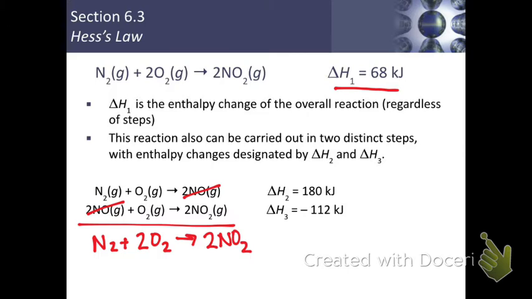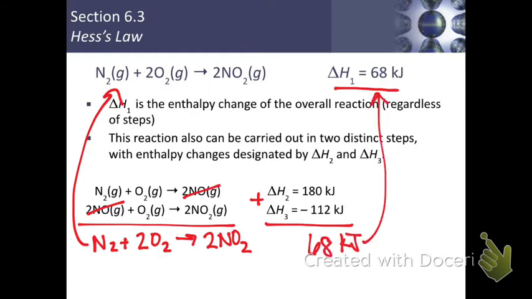And does that look exactly like the reaction I'm supposed to have? Right? And so to find how much delta H is for that reaction, all I do is add these delta H values together. 180 minus 112 gives me 68 kilojoules. So that's where that value comes from.